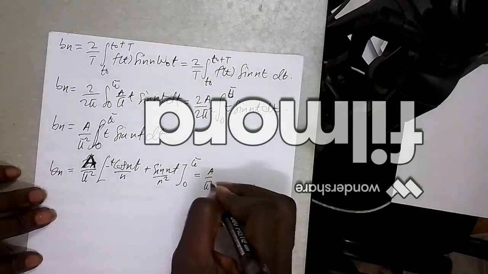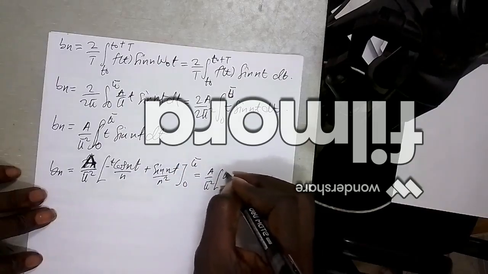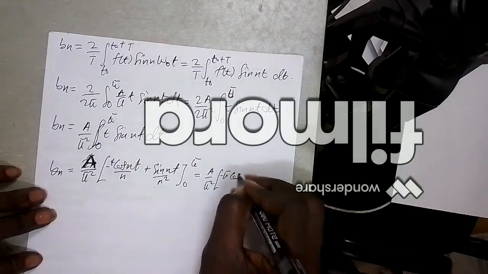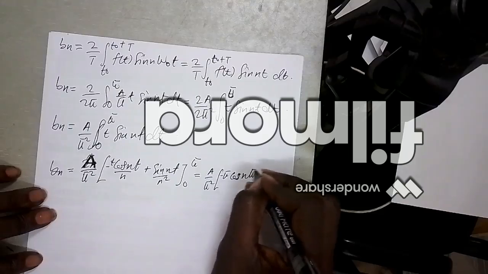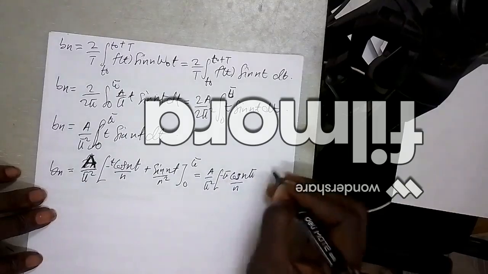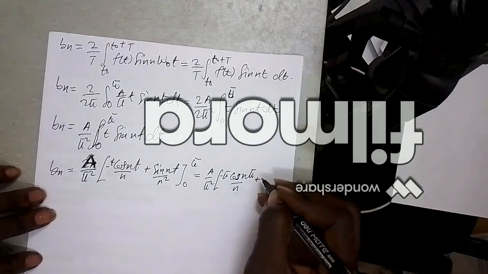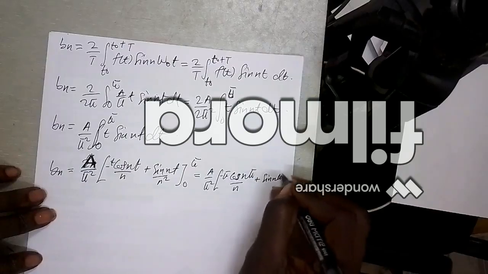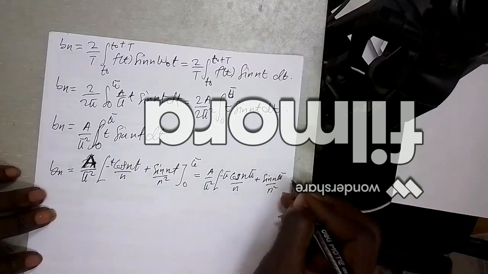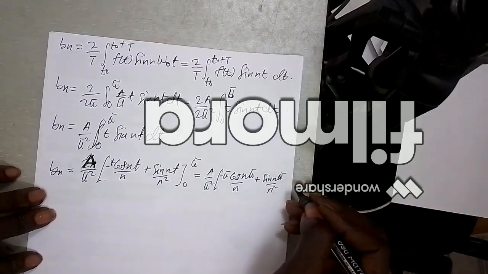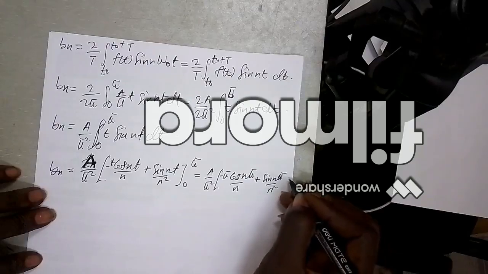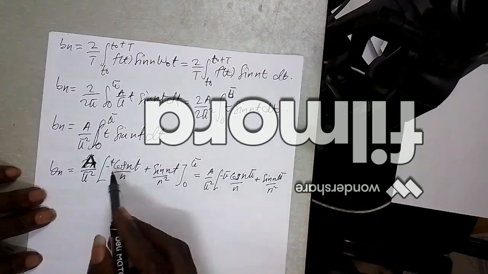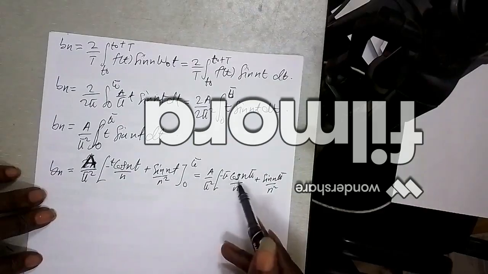You get a over pi squared into minus pi cos n pi over n plus sine n pi over n squared for the upper limit.